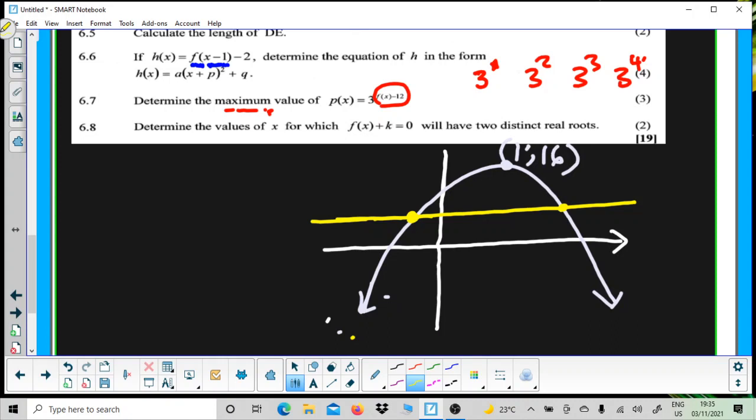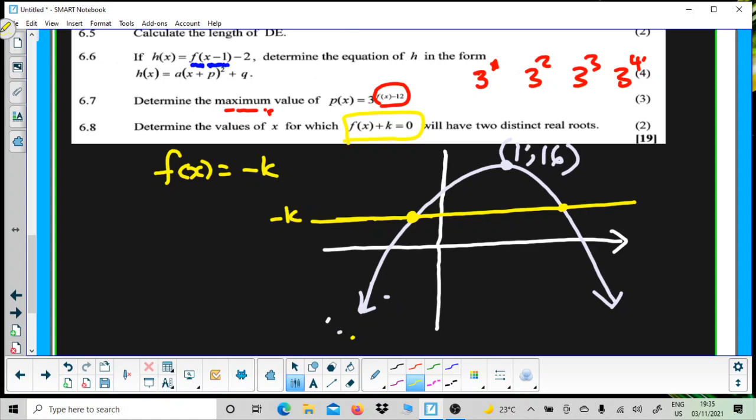But look at what we have. You have to be careful. If I make function of x subject, notice it will be minus k. So this line here will be the line for -k and not for k. Remember, we want to solve for x, determine the values of x. Do they want the values of x? Oh dear. Very bad.